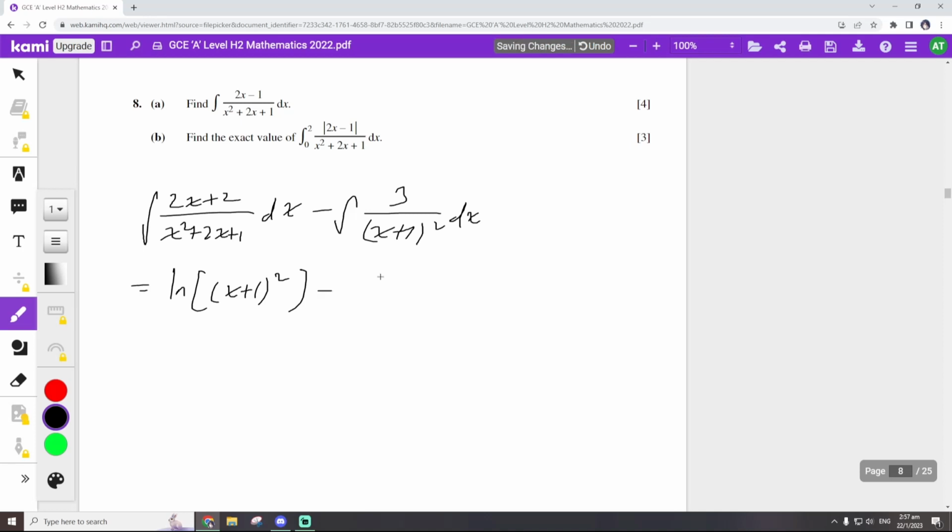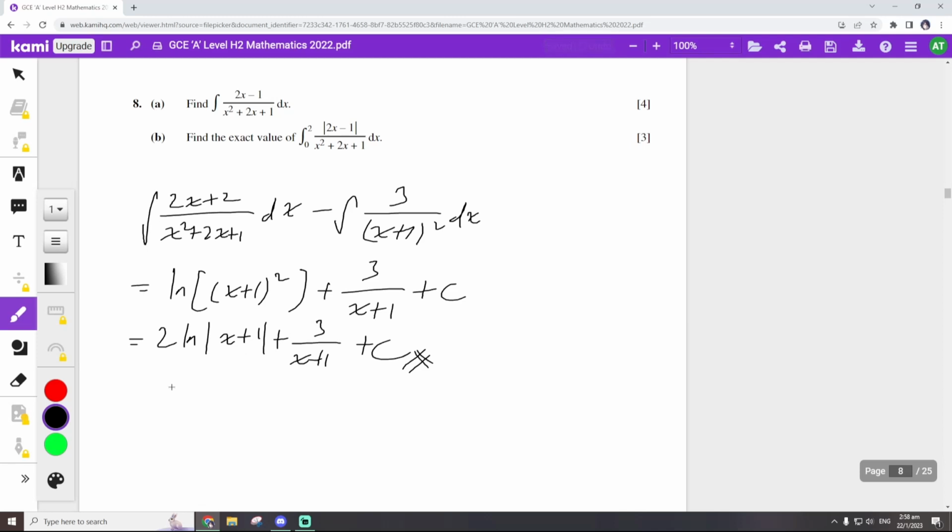Minus, okay, now if I integrate this, I will get 3 over x plus 1 plus c. But now I should actually simplify this. I can take out the 2 from the power and the ln. Now this may not be positive anymore, so I will put x plus 1 in modulus to make sure that that is the case. Plus 3 divided by x plus 1, finish with the plus c. So that is the indefinite integral. Oh wait, this is a plus, sorry, because of the negative power.